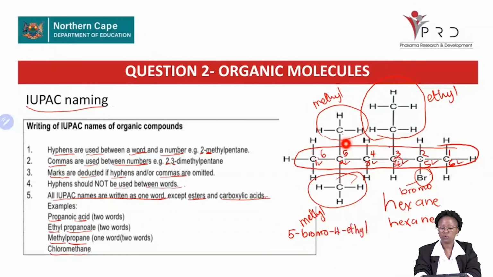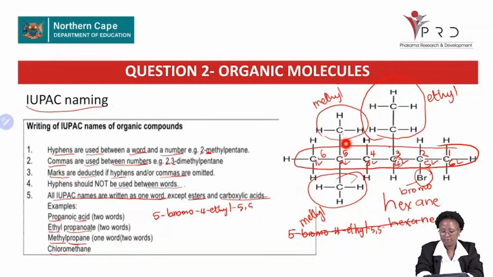And then I also have 2 methyls there on carbon number 5, both of them, so I'll have dash 5,5 dash. Okay, I'm just going to cancel everything here and write it where there is space: 5-bromo-4-ethyl-5,5-dimethyl.